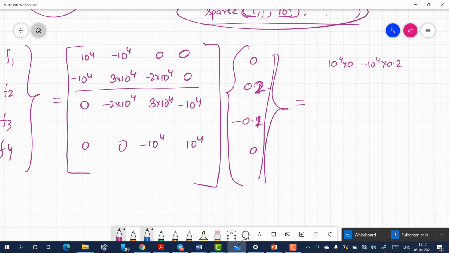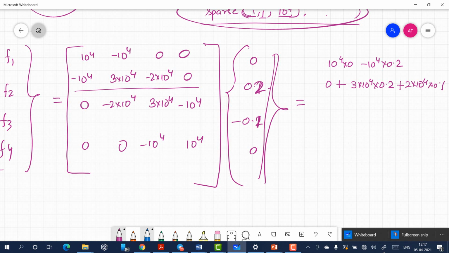So F2: the first term is going to be 0, the second term is going to be 3 into 10 to the power 4 into 0.2, the third term is going to be minus minus plus 2 into 10 to the power 4 into 0.1, and then 0.